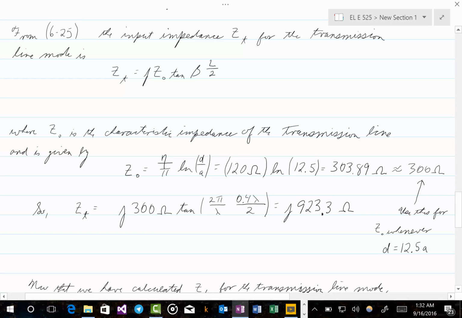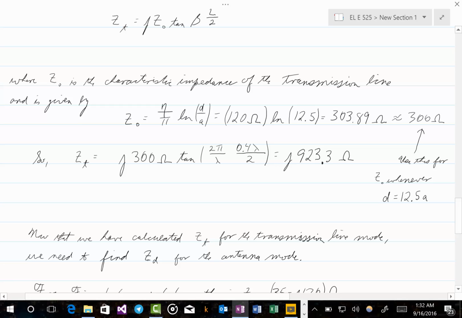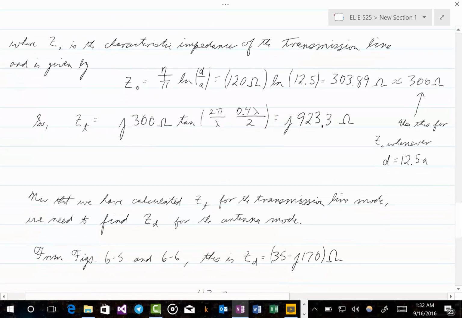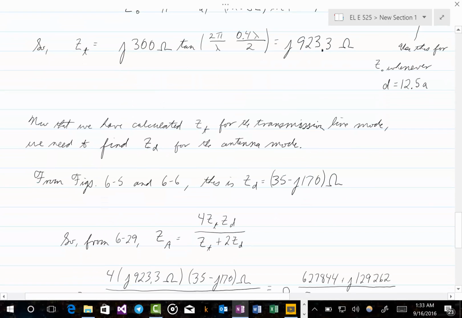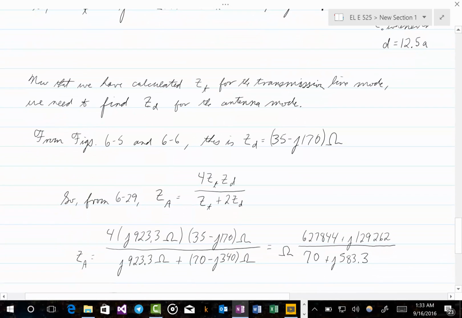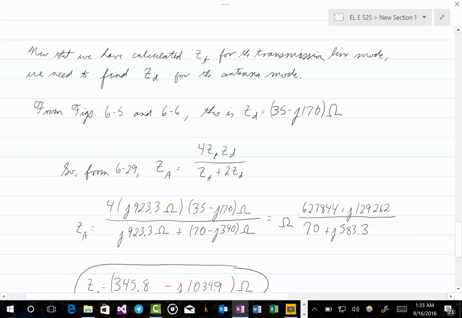So that is the input impedance for the transmission line mode of this problem. And now we need to find the input impedance for the dipole mode or antenna mode. And for this, we don't have a formula. Actually we do, if you look earlier in the chapter.